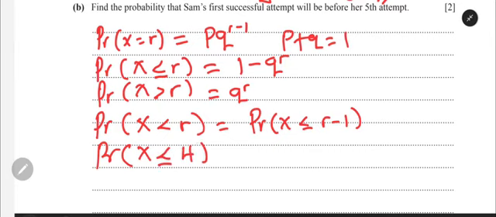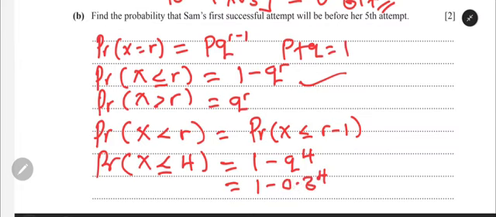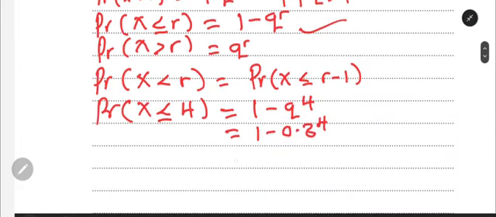We need to make use of the equal sign for us to use the formula we have here, which is 1 minus q raised to the power of r, and r here is 4. Of course the q here is 0.3 because success is 0.7, so this is 1 minus 0.3 raised to the power of 4, and this will actually give us 0.9919. So that is that.